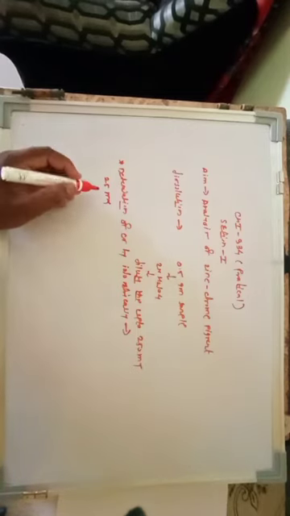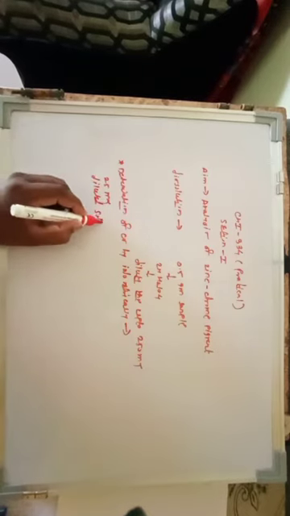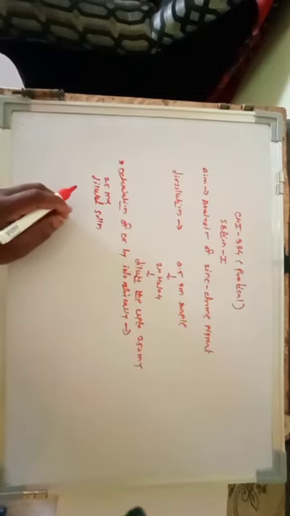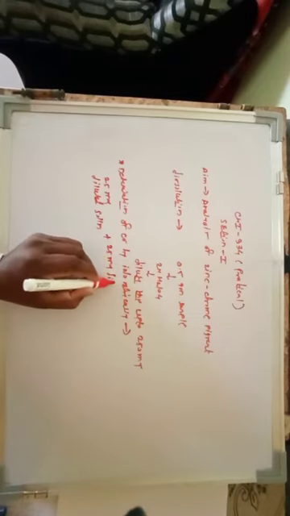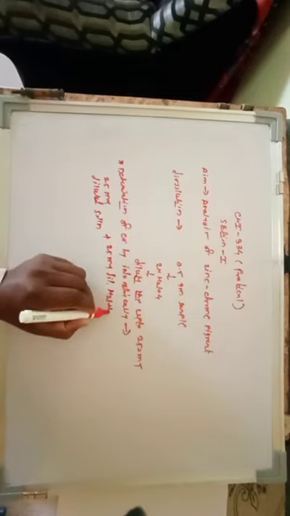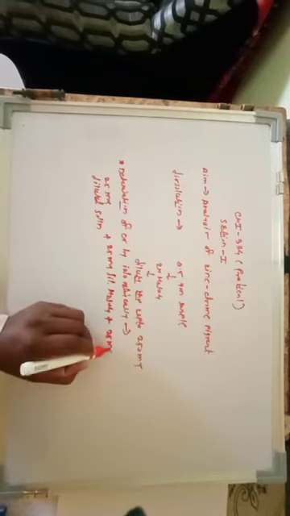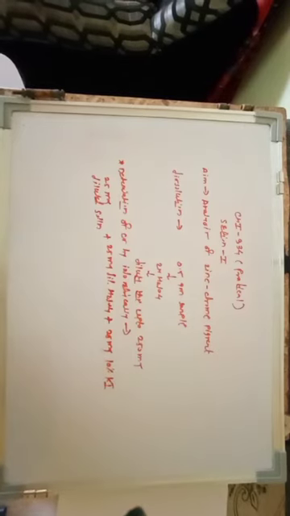You have to collect 20 ml of the diluted solution in a stoppered bottle, and then add 25 ml of dilute H2SO4 solution, and then add 25 ml of 10% KI solution. It is a very simple procedure: take the diluted solution, add acid, and then add 10% KI solution.